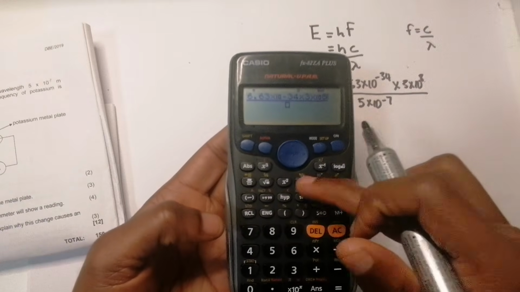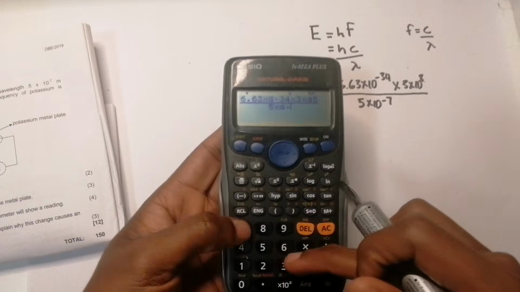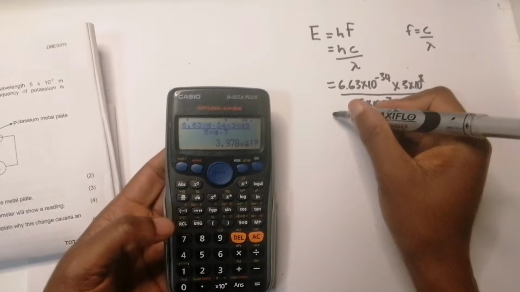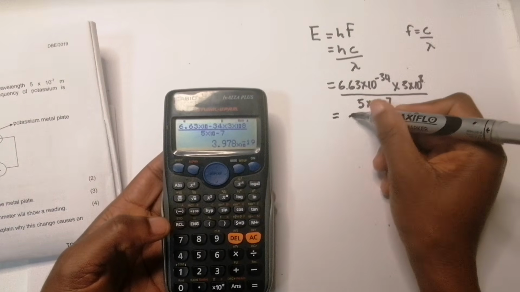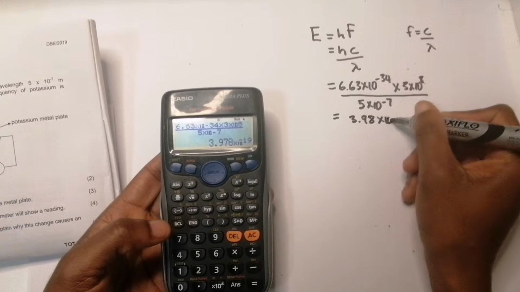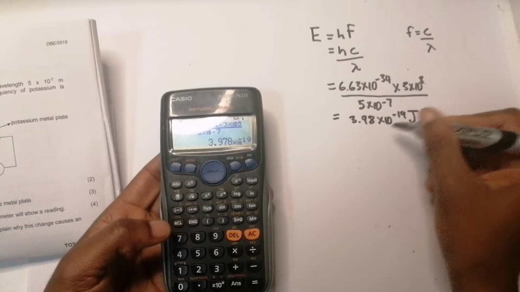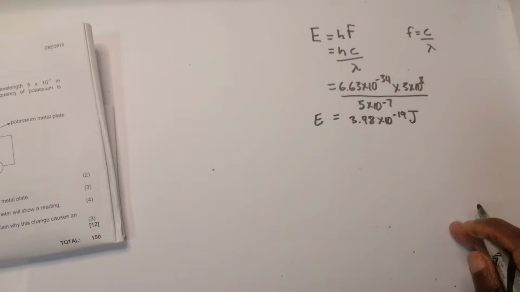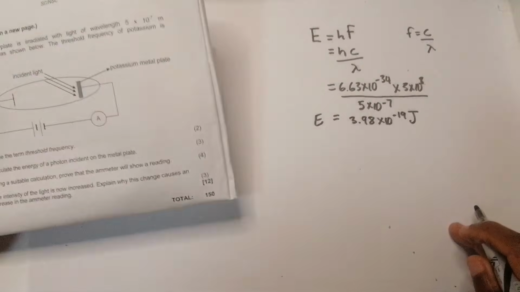Divide by 5 exponent minus 7, and I get a value of 3.98 times 10 to the minus 19 joules of energy. So this is the energy of a photon. Nothing difficult about that, ladies and gents.